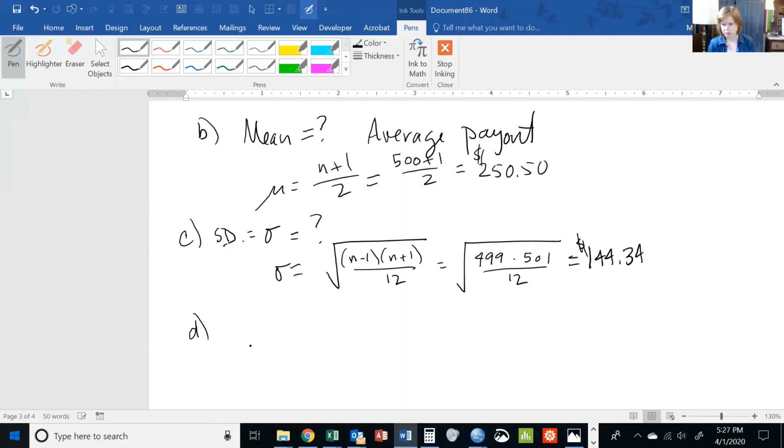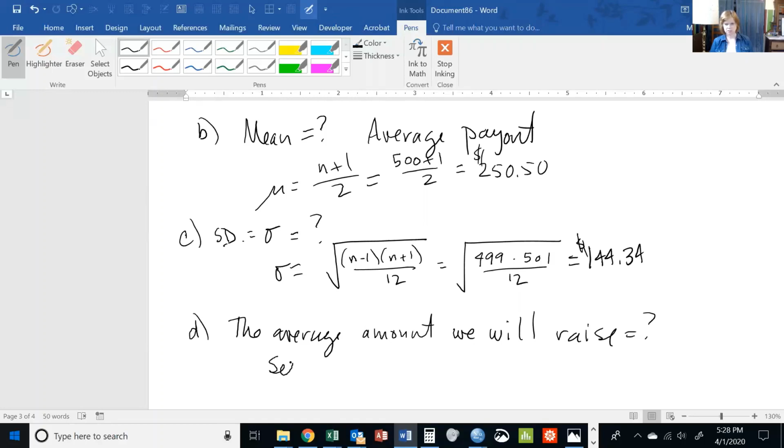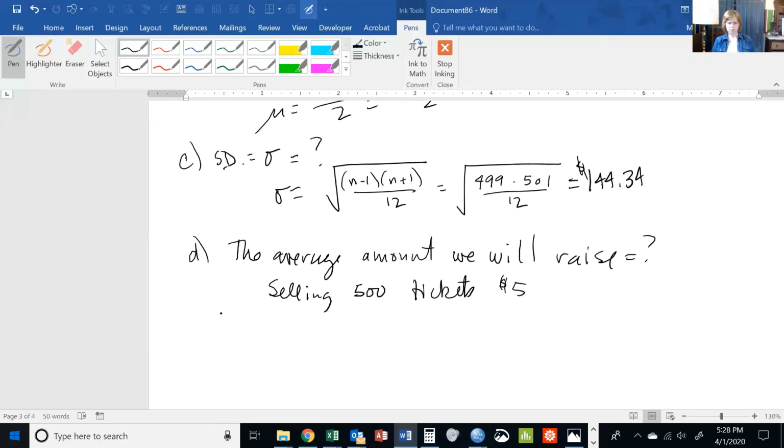Now here is an interesting question, something we haven't looked at before. What is the average amount we raise? Recall, we're going to sell these tickets for $5 a piece. So we want the average of X here, not mu.